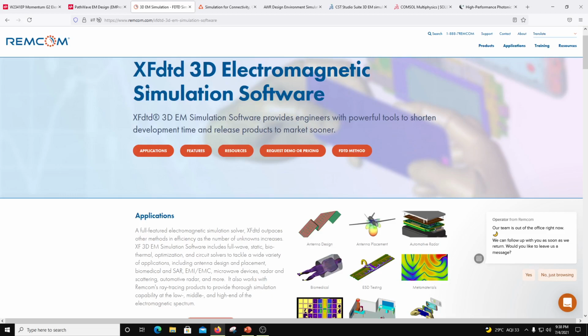The way they solve the equations in time domain is by decoupling them on two grids, one for the H, one for the E, which are basically staggered. So that's how you decouple the curl H and curl E equations, by having two separate meshes, which are staggered in space.